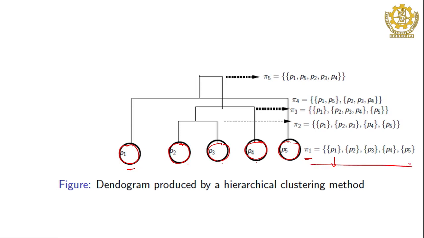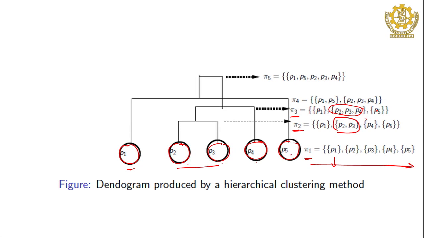Now, you move on. P2 and P3 are merged, so P2, P3 will form a cluster and all others remain the same. This is another clustering. In the next step you merge P2, P3 with P4. So, this is another cluster, and this is another clustering. It has 3 clusters.